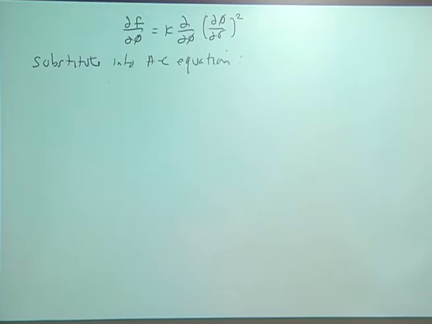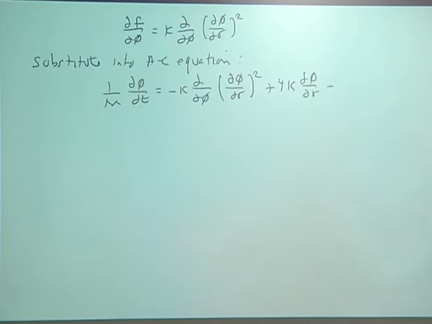And you get 1 over m equal to minus k squared with respect to r squared.